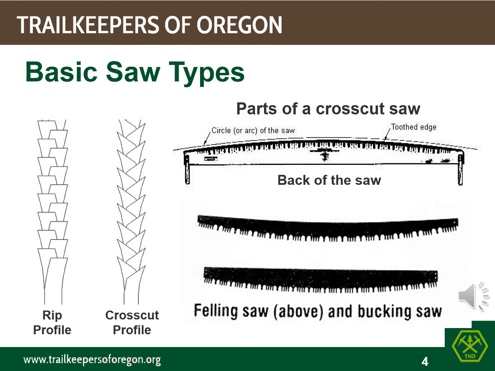A felling saw is lighter in weight and narrower at the midsection. This allows for the insertion of wedges sooner than for a bucking saw. The bucking saw is stronger but weighs more. Weight can be a big factor if you're carrying the saw for any distance.